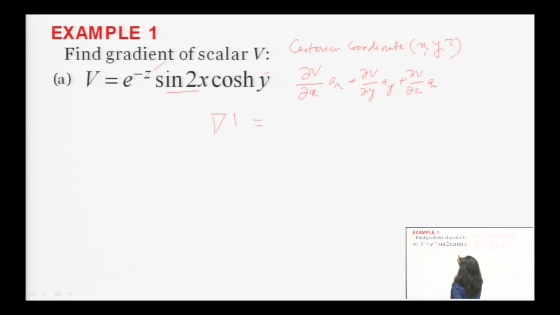Gradient is represented by del V, the simple product of the del operator and scalar V. The differentiation of sin 2x is cos 2x, and further the differentiation of 2x gives the value 2.